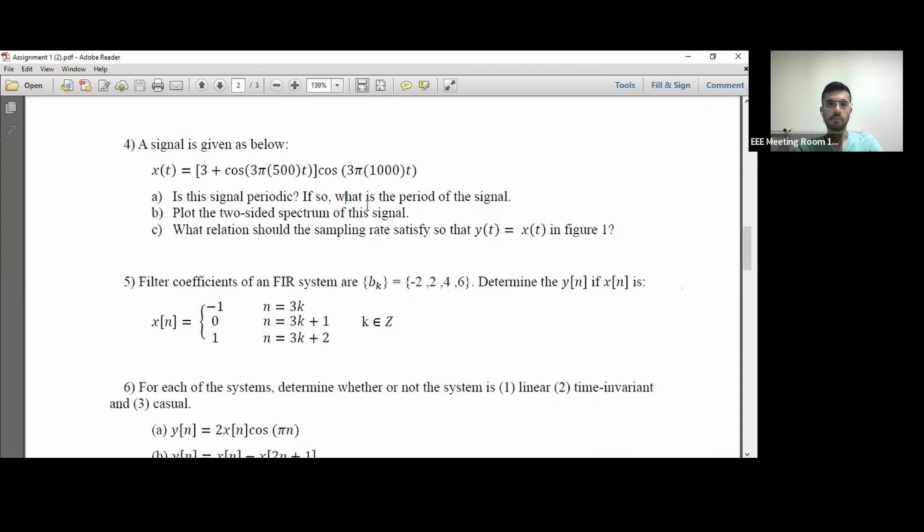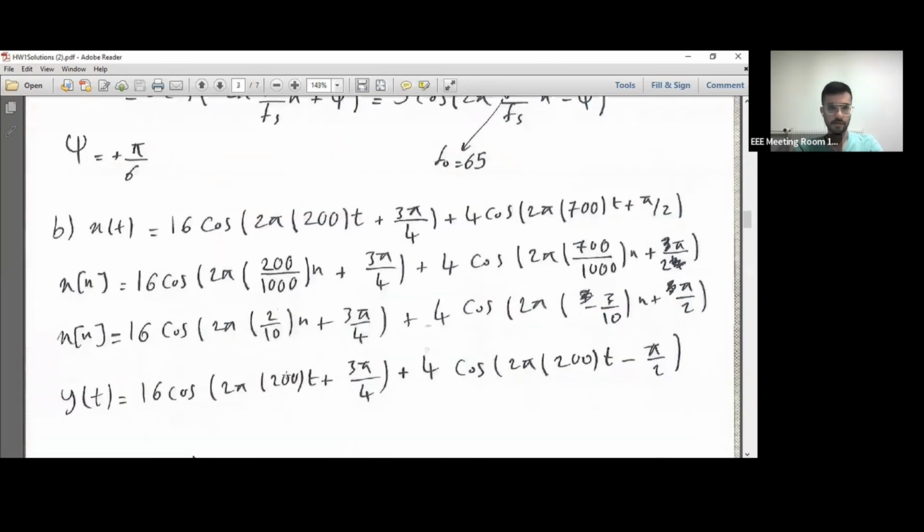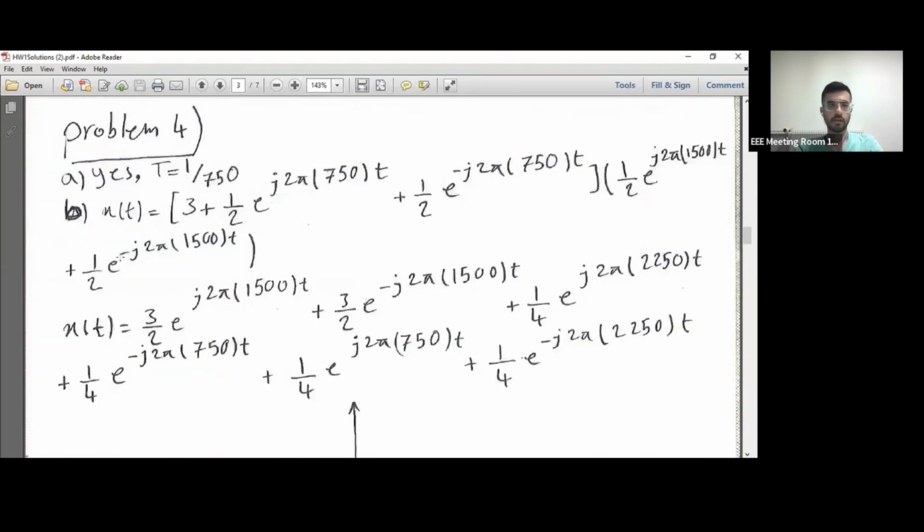So the periodicity would be 1 over 750. So let me move to the answer key here. Yeah. So for part 1, it was periodic. We didn't ask the why, but you can write the reason, and T equals 1 over 750. So this is the periodicity of the signal.